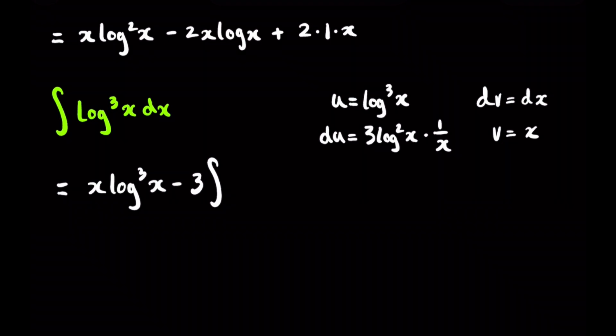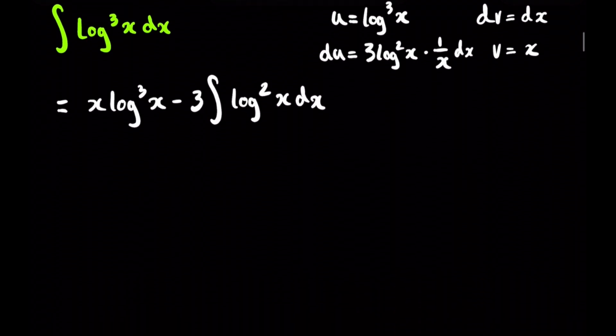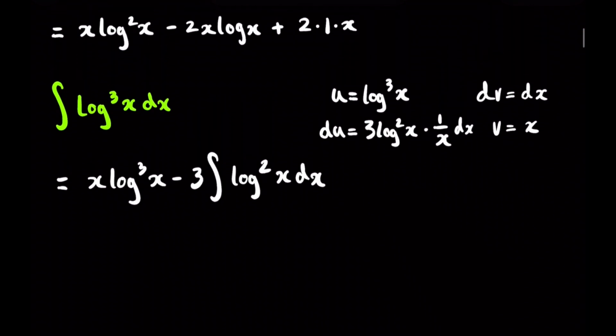And we can bring the 3 outside of the integral, and we have log squared of x dx. And again, we notice that we've already solved the integral of log squared of x above. And so, as before, we can plug in our result from above.